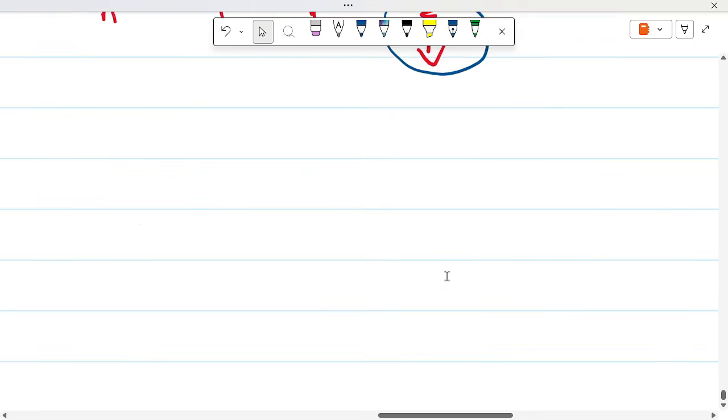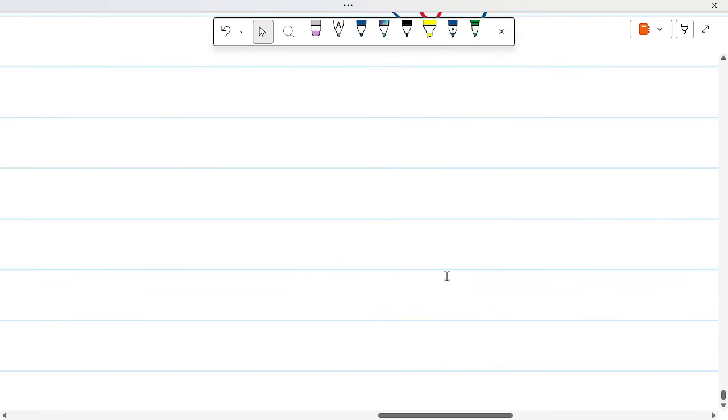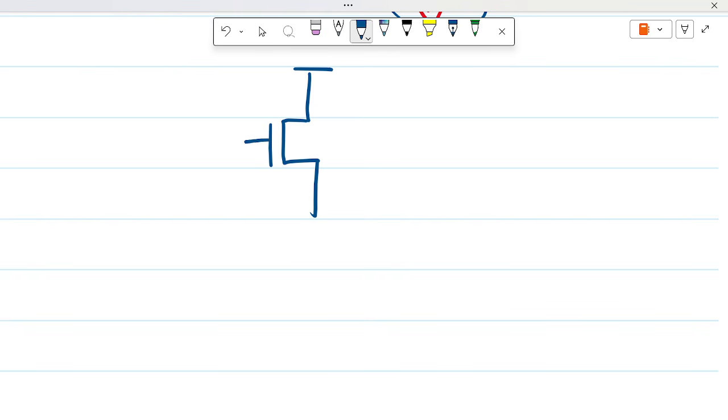Then finally, we look at another scenario. Assuming we're using a microphone as our input signal, and a finite microphone, which is not an ideal microphone, would have some internal resistance.